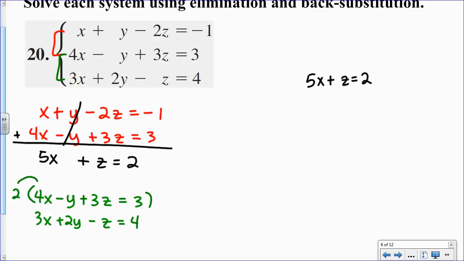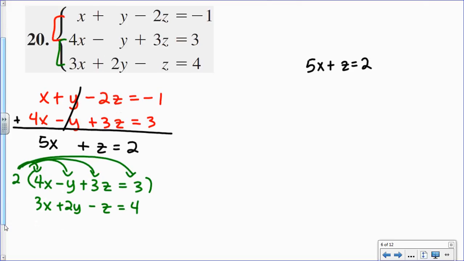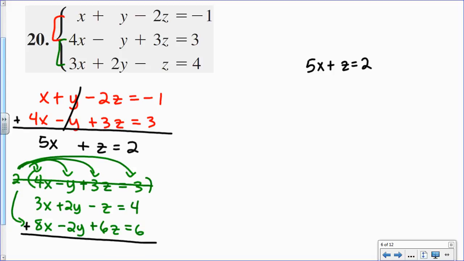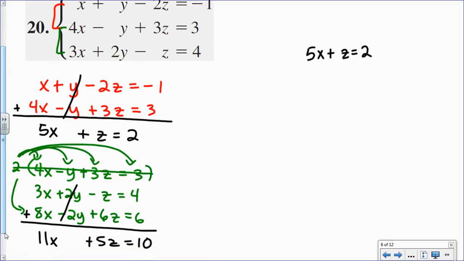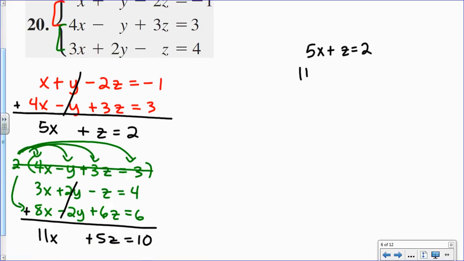Okay. Make sure all 4 terms there are multiplied by 2. Okay. Now I can add, because I have opposite signs, so I add. That's 11x plus 5z equals 10. Okay. So now here's my second equation.